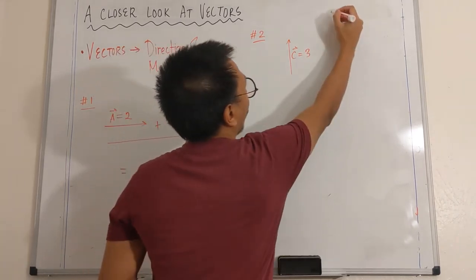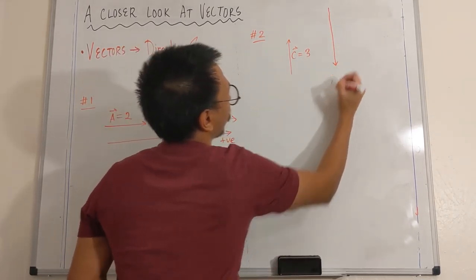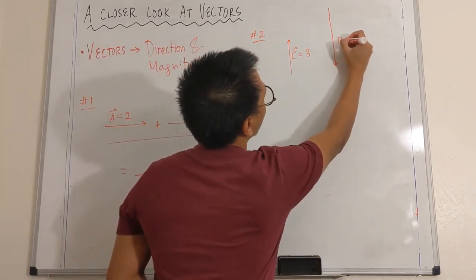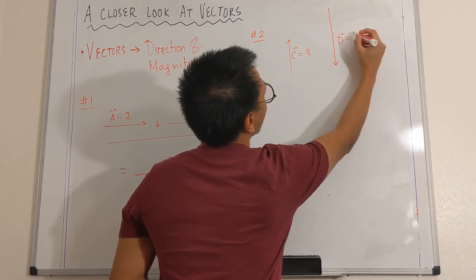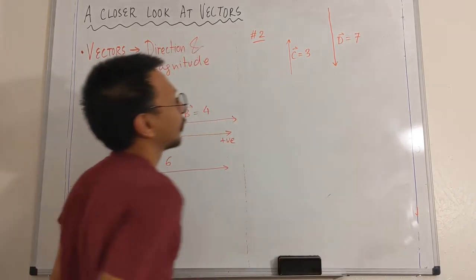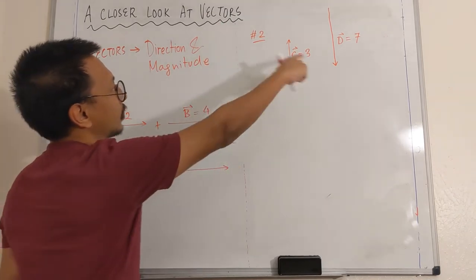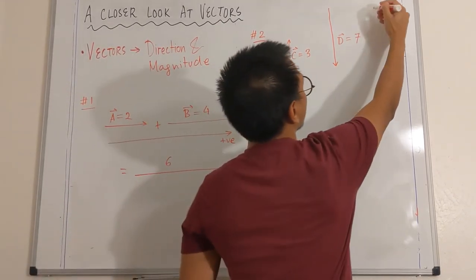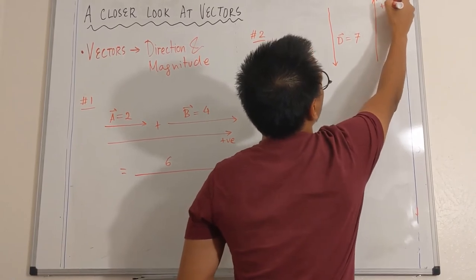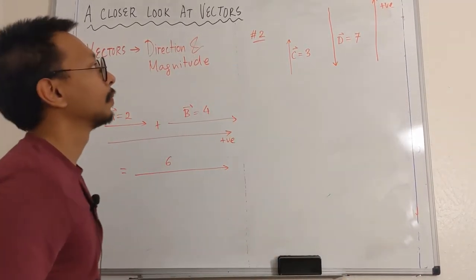Then you have a vector which is pointing downwards, and let's call this vector D, whose magnitude is say 7. Okay, and these two vectors are on a coordinate system whose positive axis is anything that is pointing upwards.